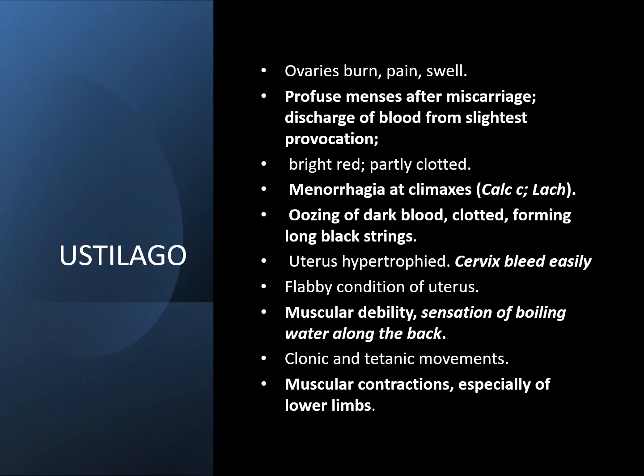The cervix bleeds easily; when you touch it, when you do a PV examination, the patient has bleeding. Burning ovarian pain, muscular weakness or debility, sensation of boiling water along the back, muscular contractions especially of the lower extremities. So it is helpful in adenomyosis associated with uterine enlargement and chronic hemorrhagic tendencies.